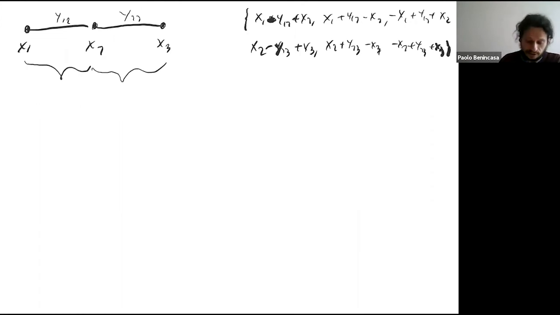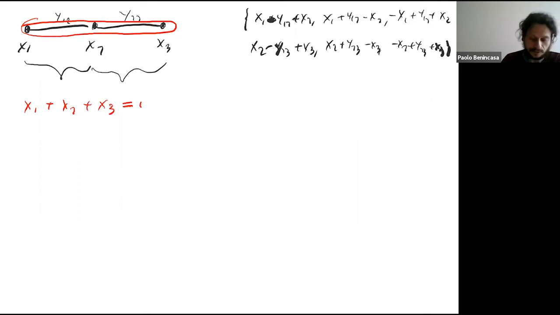So first of all, I know that one residue is associated to X1 plus X2 plus X3 equals 0. And I expect, because this is the sum of the energies, it to be the flat space amplitude.